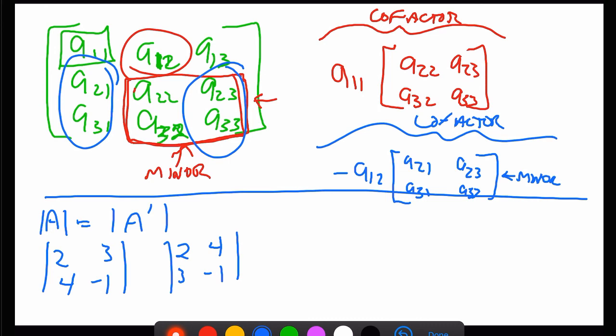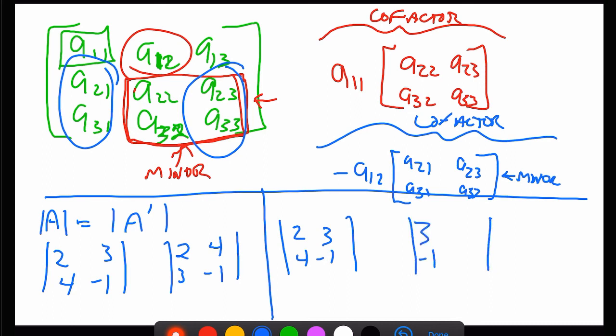Okay. So the other thing I can do is flip the rows and the columns. All right? So instead of 2, 4, 3, minus 1, I can flip a row or flip a column. So I can go, okay, how about 3, minus 1, 2, 4? And the answer is, well, let's do it, right? That's minus 2 minus 12 is minus 14. This is 12 minus minus 2 is plus 14.